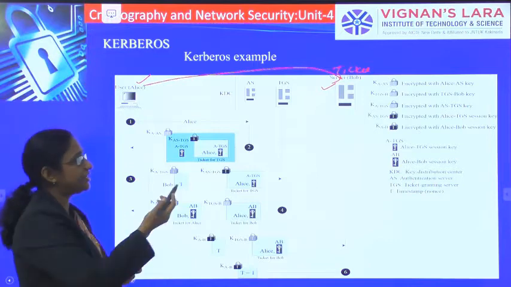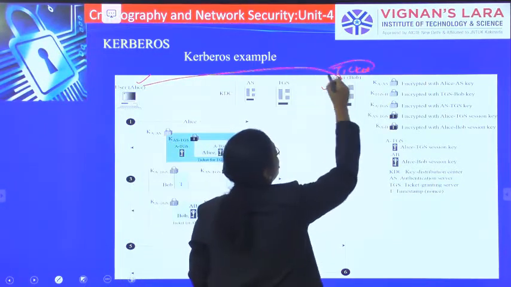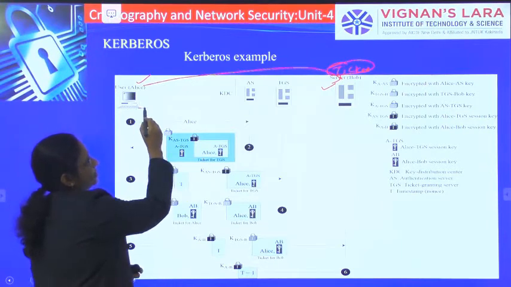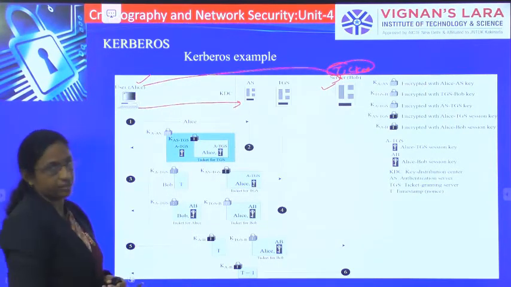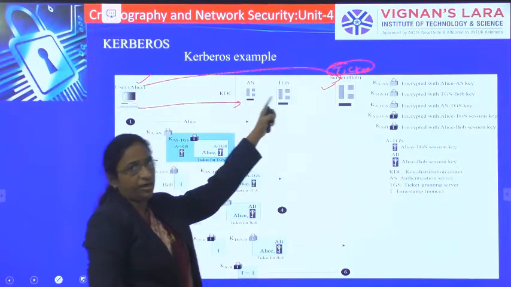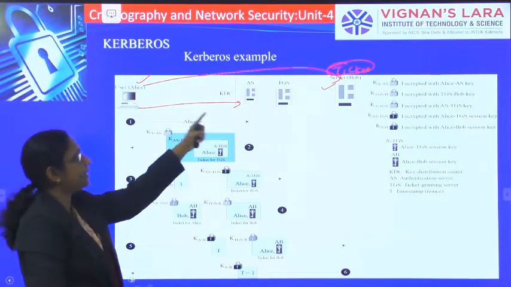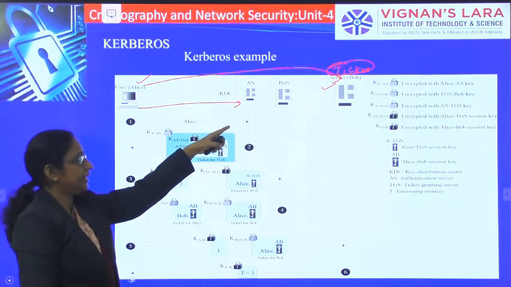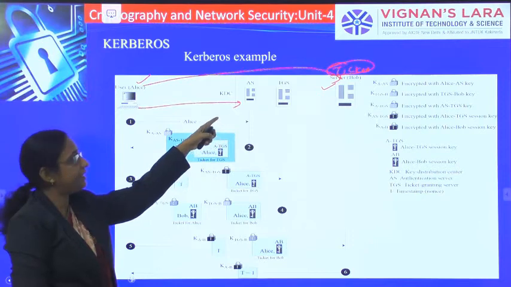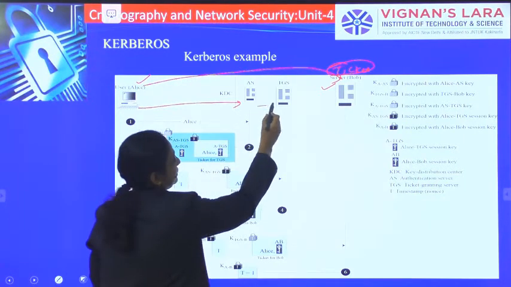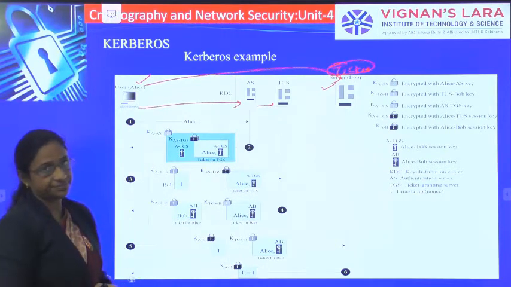Okay, so to get this ticket, first Alice has to go to the authentication server. She goes to the authentication server and requests a ticket for accessing the ticket granting server.